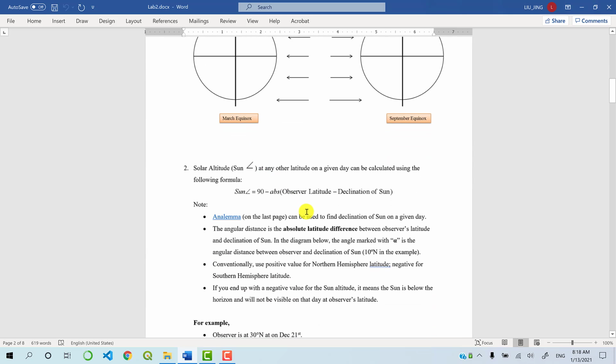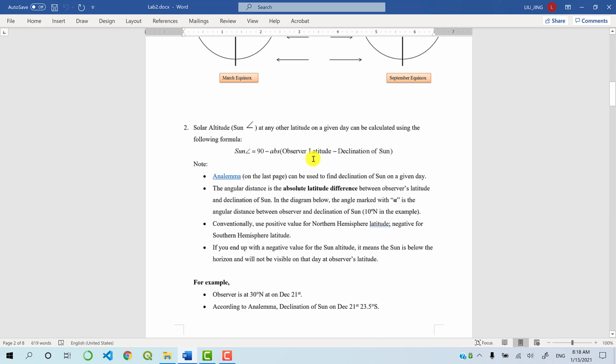For example, if you want to calculate the solar altitude at LA, our latitude, which is 34, then you plug in the observer latitude, 34 degrees north. North is positive, like what you did in the first lab.